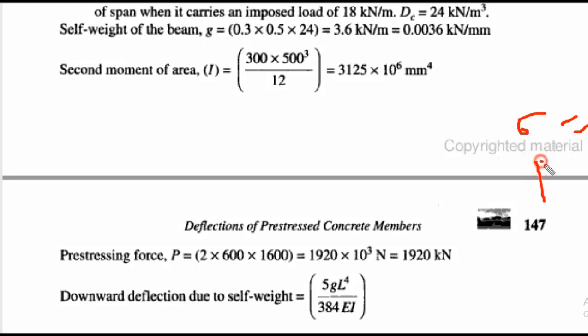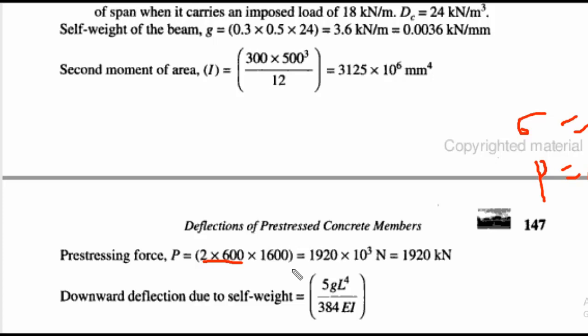That pre-stressing force P equal to stress into area of the post-tension steel wires. Here they have given in the problem two post-tension wires with 600 mm square each, and so this is the area of the steel, and 1600 Newton per mm square is the stress developed in the pre-stressing force.